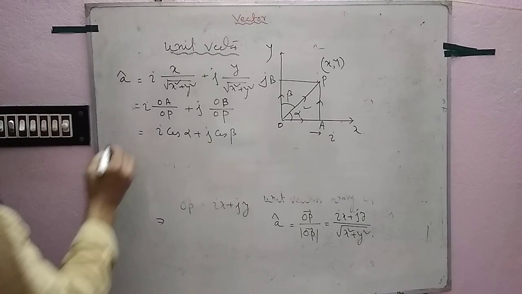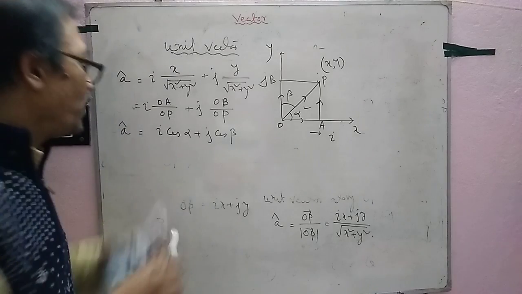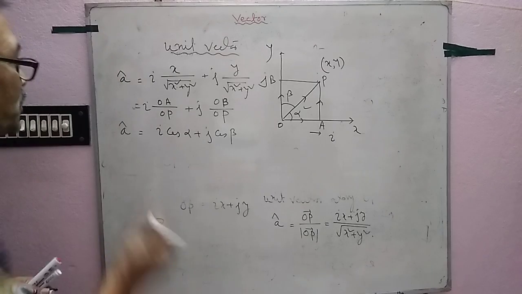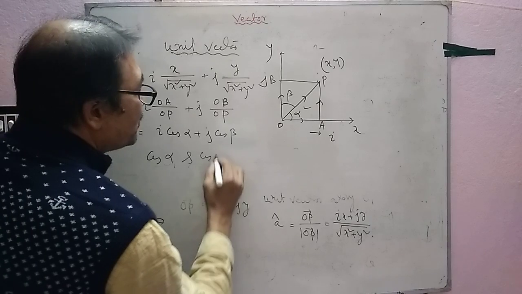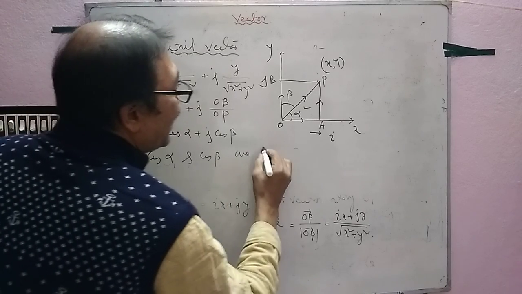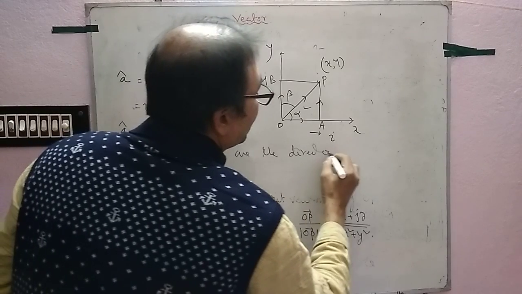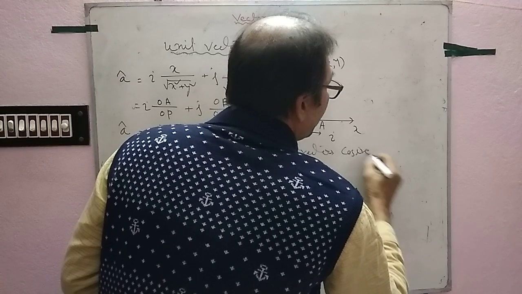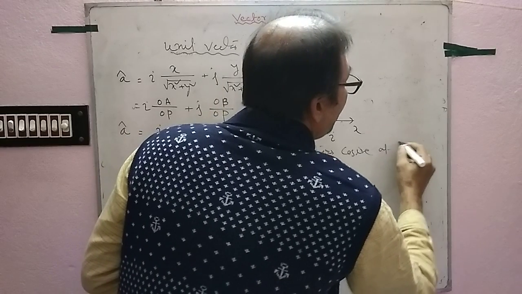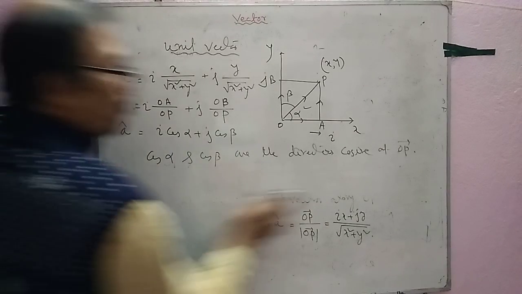Clear? This is the direction cosine of the OP vector. What is cos alpha and cos beta? Cos alpha and cos beta are the direction cosines of the OP vector. Clear? Direction cosine of OP vector.